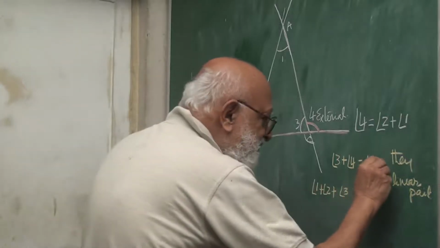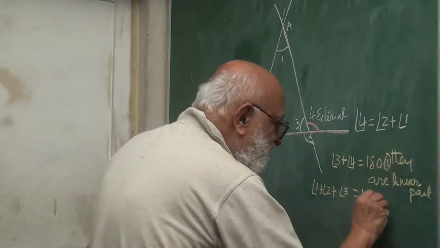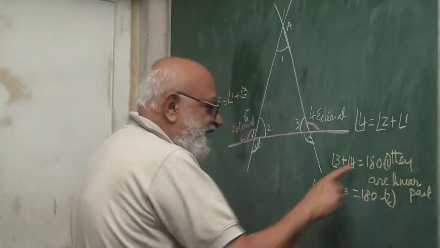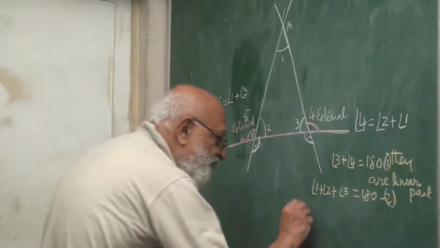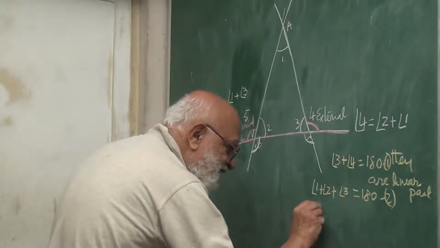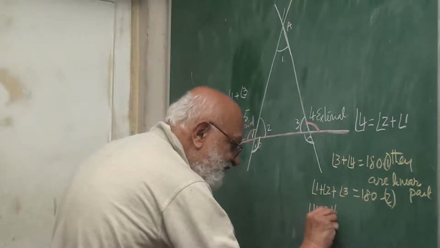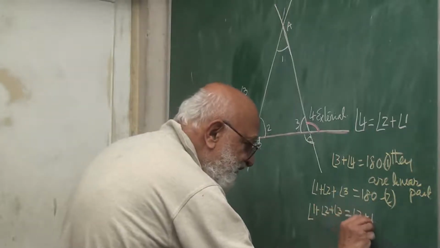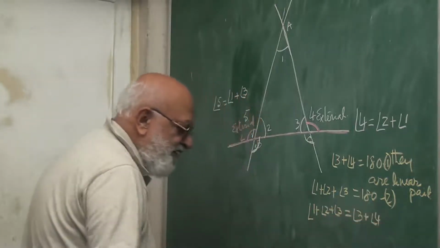So this one, if I call it 1 and this I call it 1, they are equal to the same thing. So I can write angle 1 plus angle 2 plus angle 3 is equal to angle 3 plus angle 4. Remove angle 3 from both sides.